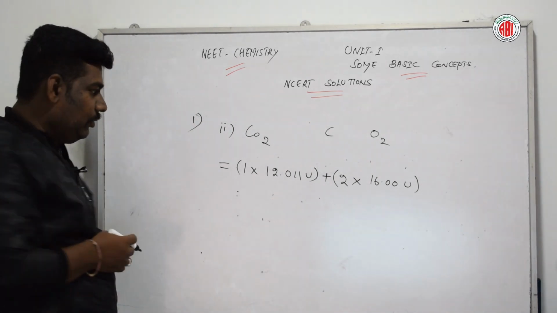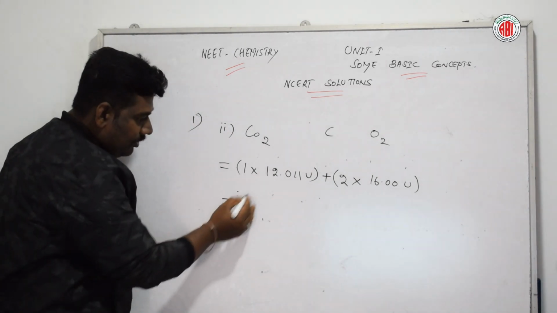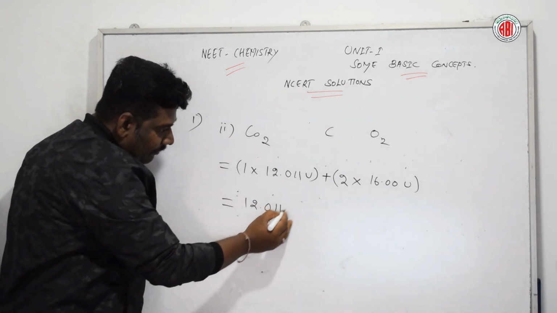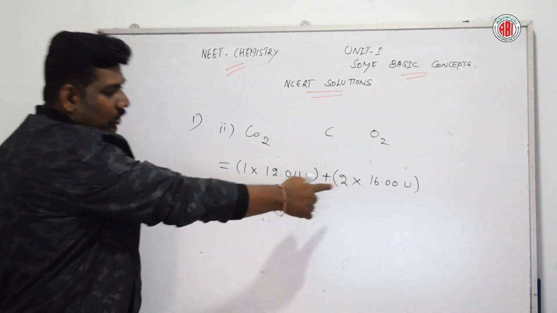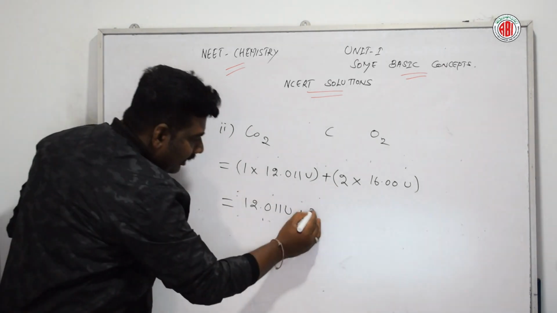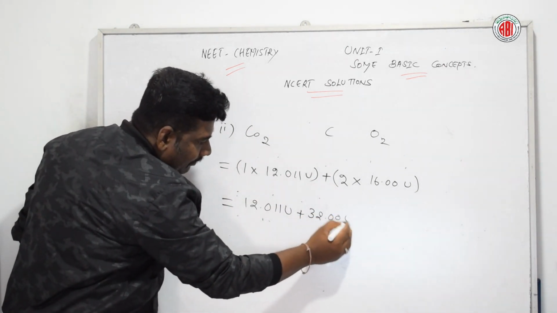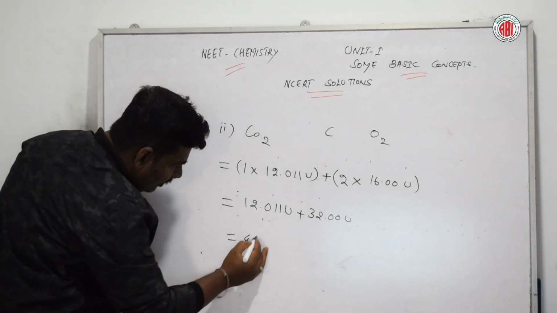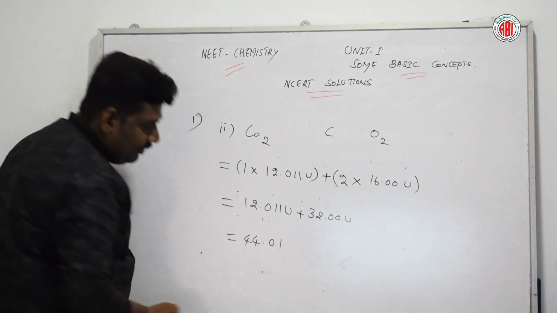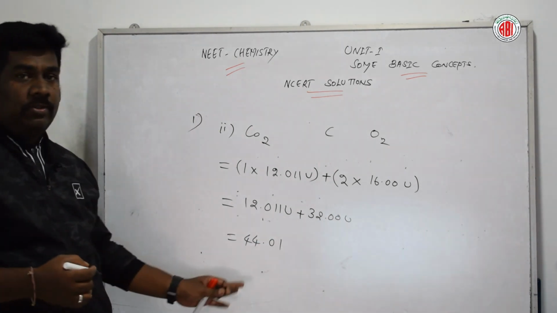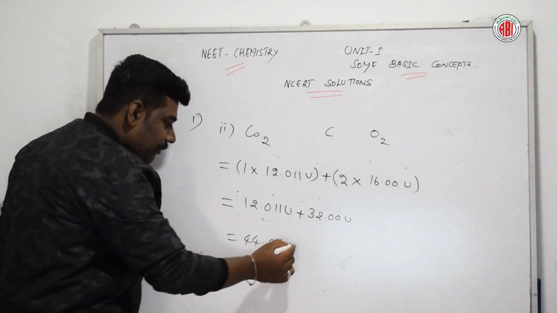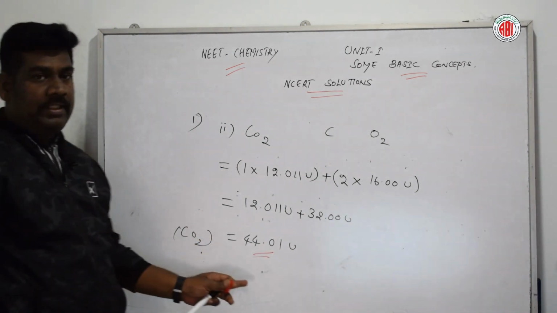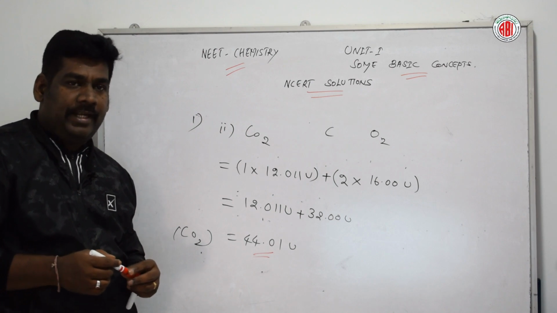Now adding these two, we get 12.011 atomic mass units plus 2 into 16, that is 32 atomic mass units. Adding these we get 44.01. This is the molecular mass of carbon dioxide.